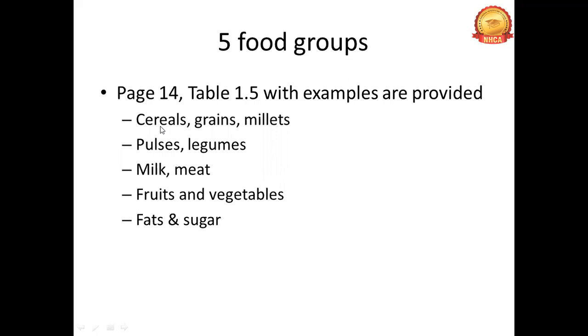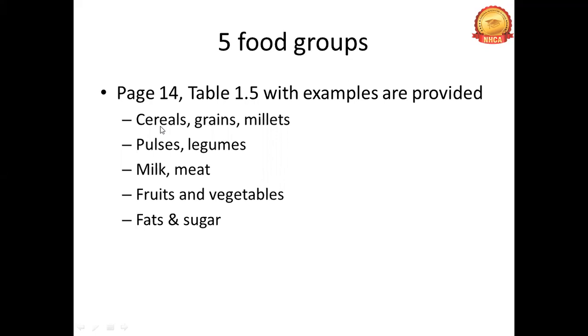Second group is pulses and legumes: Bengal gram, black gram, moong dal, urad dal, all the lentils, chana dal, cowpeas, peas, rajma, soya bean, beans, etc.